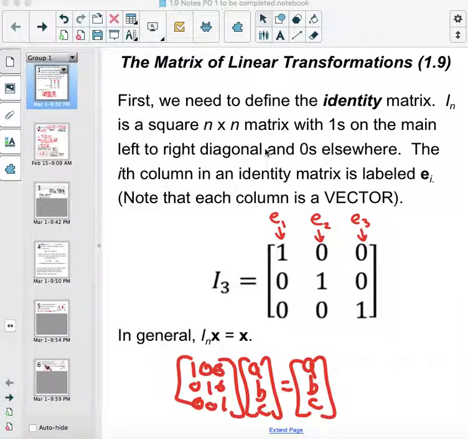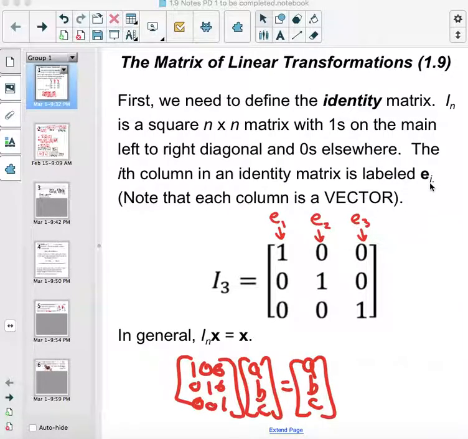Hey, Sophie. So this is Matrix of Linear Transformation, section 1.9 in the text. And I'll do these notes in two different installments. For this first one, we will look at linear transformations and look at each column vector as E1, E2, E3.